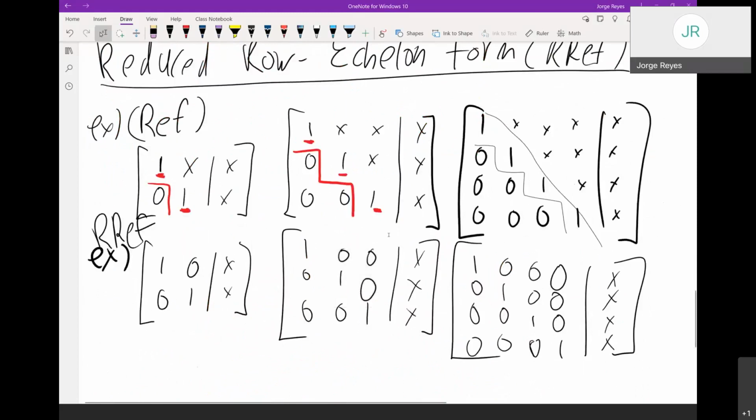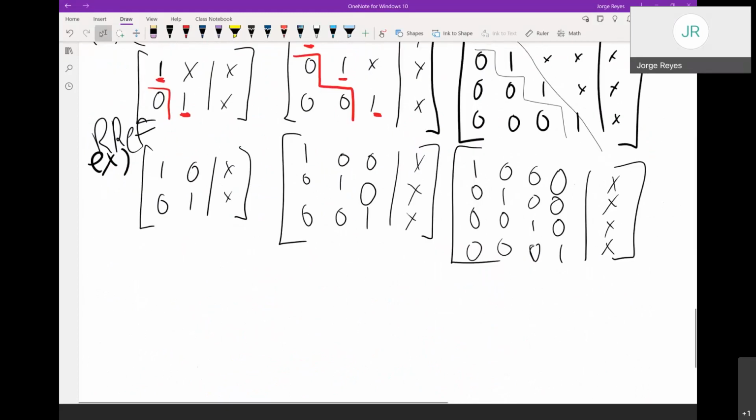And for the extra work of going to reduced row echelon form, you'll notice that if you translate a reduced row echelon form matrix into a system, you're just going to get the answer. You're going to get x equals this thing, y equals this thing, and z equals this thing.